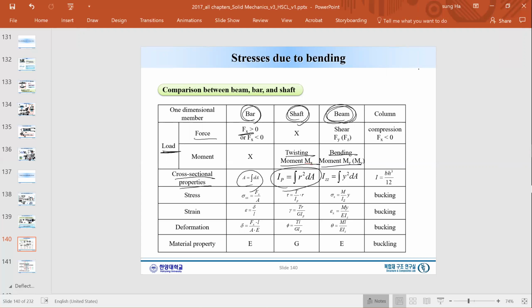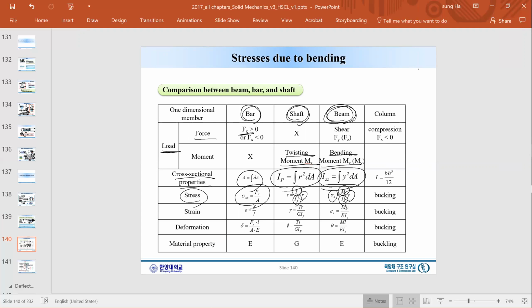And for the beam, the cross-sectional property is the moment of inertia, the integration of y squared dA. The stress for the bar is force divided by A, and for the shaft this is the force over the cross-section, proportional to R. Very similar to this case, the beam's sigma x is the moment over the cross-sectional property, in this case IZZ, times y.